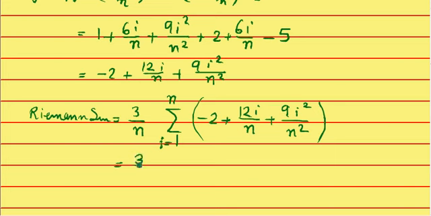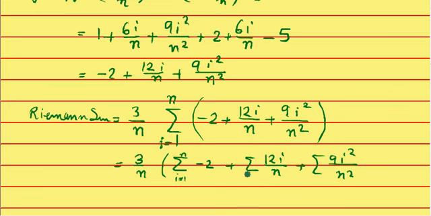So I can write it like this: sum of a large number of minus 2's, i from 1 to n, plus sum of these type of numbers, 12i over n, plus sum of these type of numbers, 9i squared over n squared.